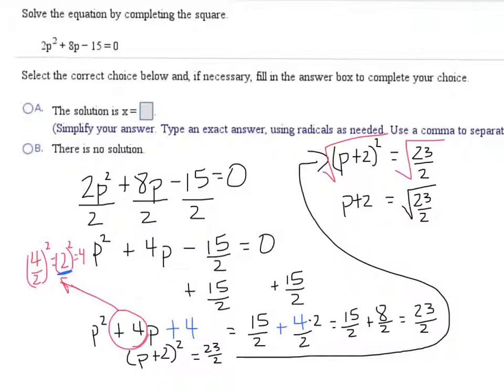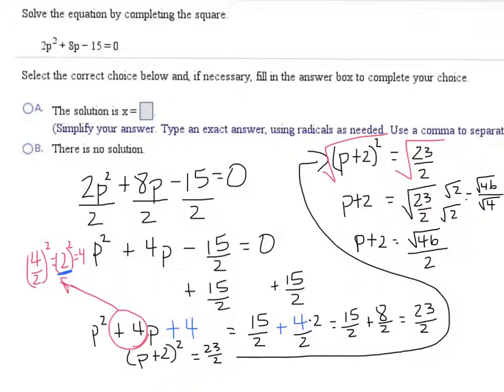What I'm going to do is rationalize the denominator, which means I'm going to multiply this by square root of 2 over square root of 2. So I have p plus 2 equals square root of 46 over, since I've got square root of 2 times square root of 2, square root of 4. But we know what the square root of 4 is. It's just a 2.